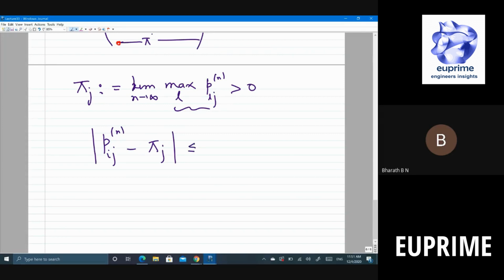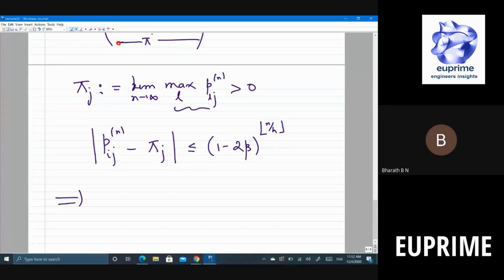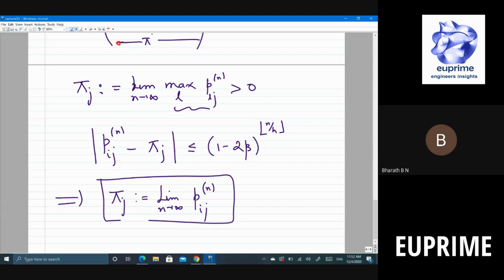So this is less than or equal to 1 minus 2 beta, so this implies pi j is nothing but the limit as n tends to infinity of Pij of n. Is this fine, everyone? So this pi j is the limit of this Pij power n.